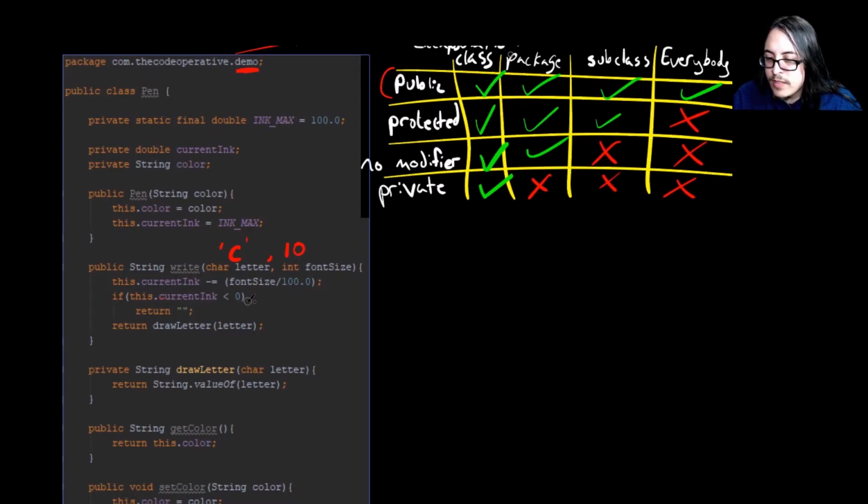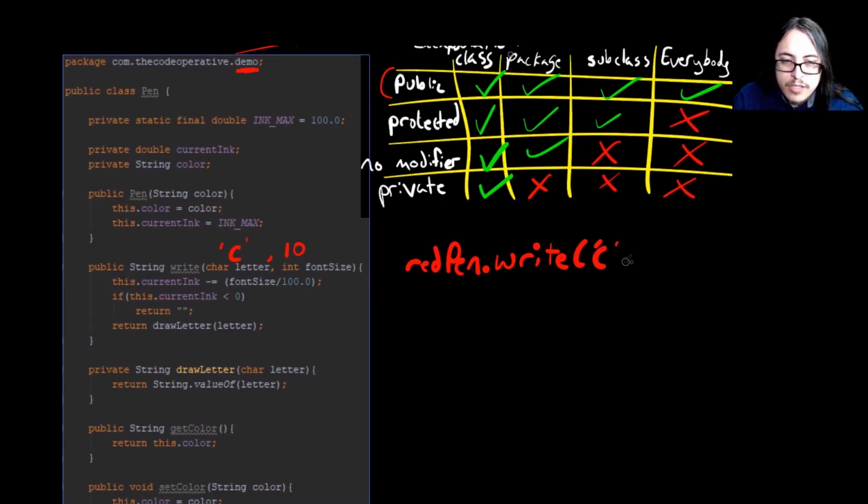Okay? So now we do red pen dot write, passing in the letter C and the number 10.